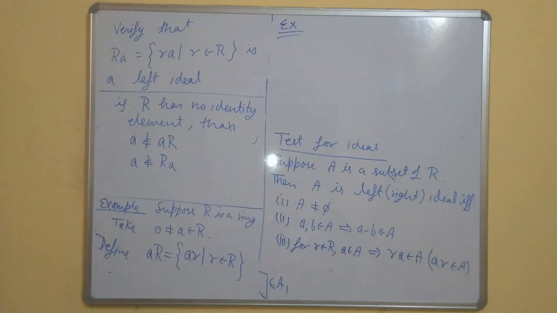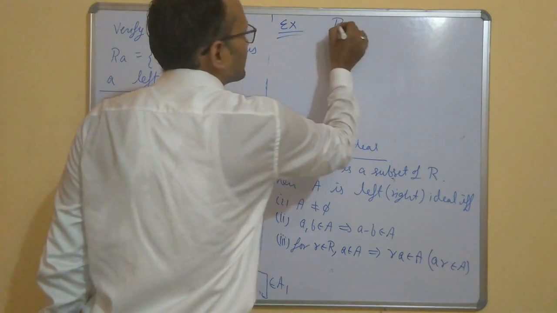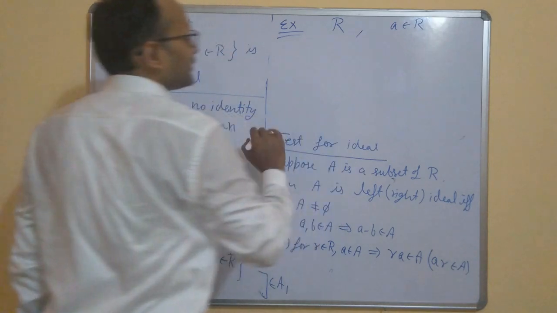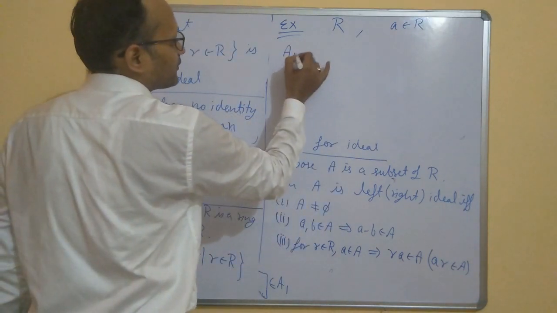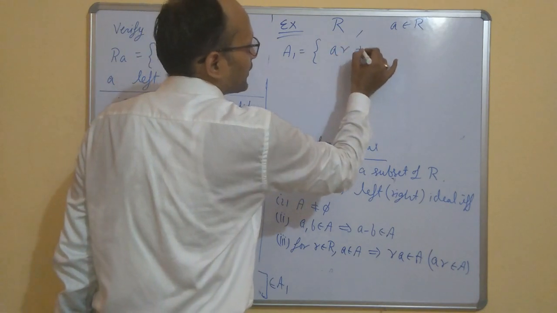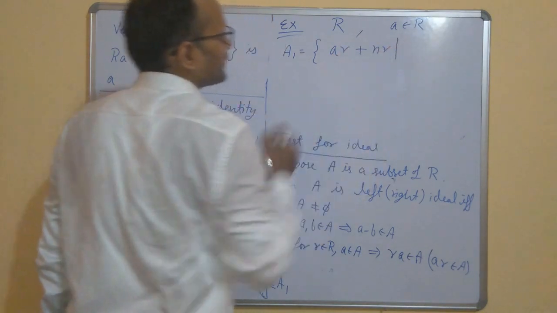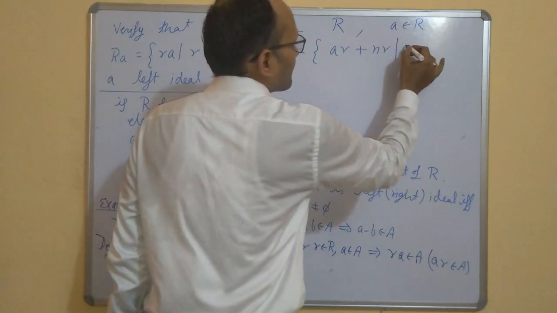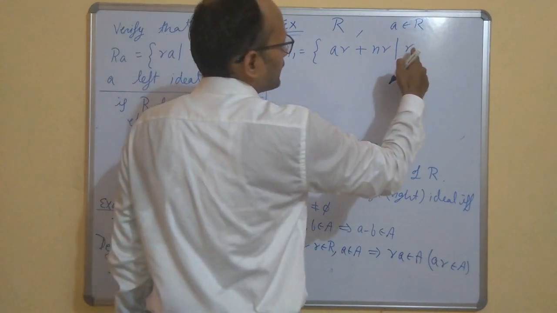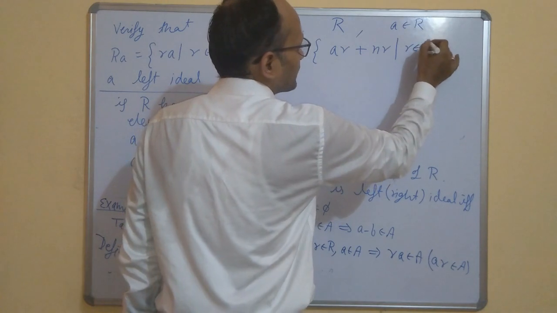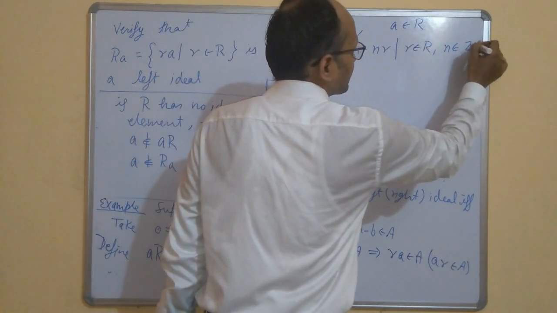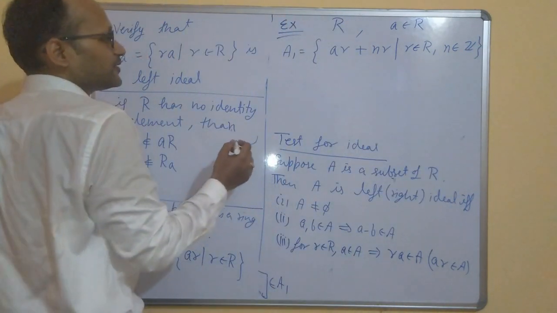So consider again a ring R and take an element A in R and take a set A1 to be AR plus NR such that R is in R, A is fixed and N belongs to Z. So this is one set.